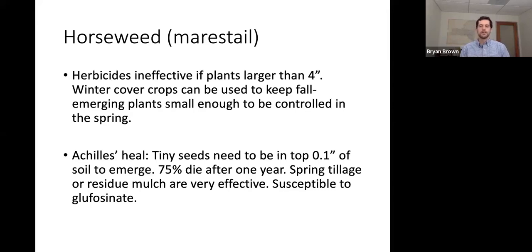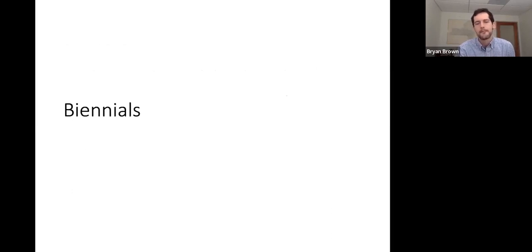So that's a really positive thing that we have going for us if we're trying to control this weed. And as in that Mid-Atlantic Field Crops Guide, it listed glufosinate as the most effective herbicide. 2,4-D is effective as well, typically.